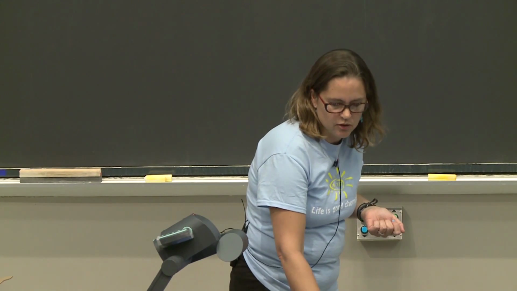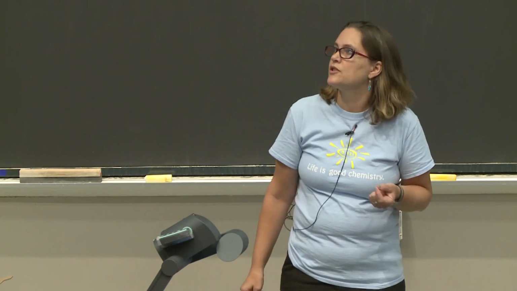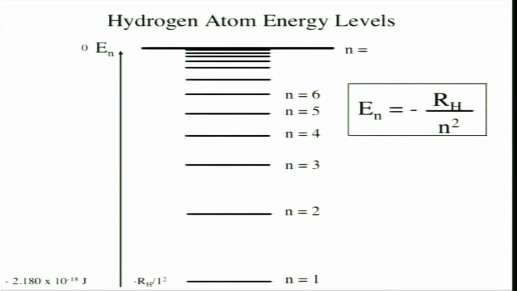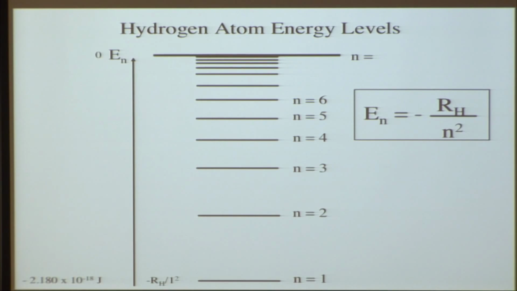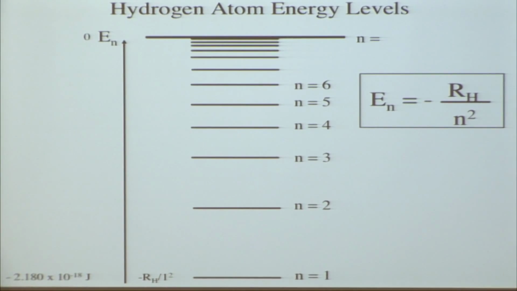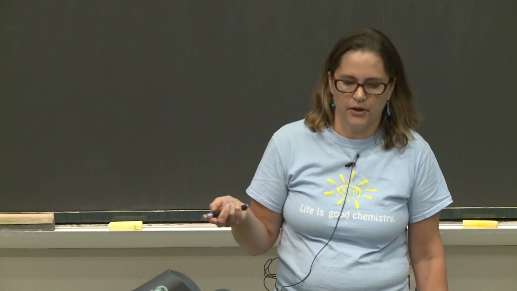All right, so let's continue with binding energies. We're still talking about the hydrogen atom and energy levels. We saw last time that the Schrodinger equation could be derived for a hydrogen atom such that the binding energy, E_n, was equal to minus this Rydberg constant, R_H, over n squared, where n is the principal quantum number.